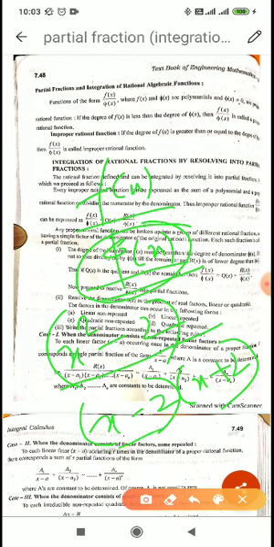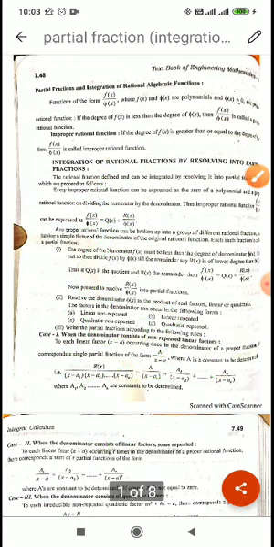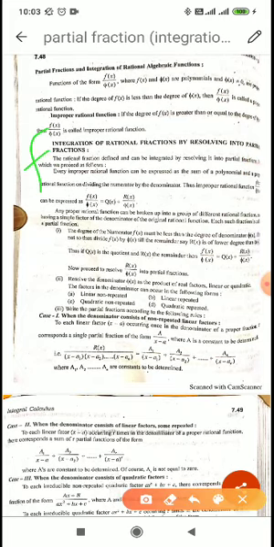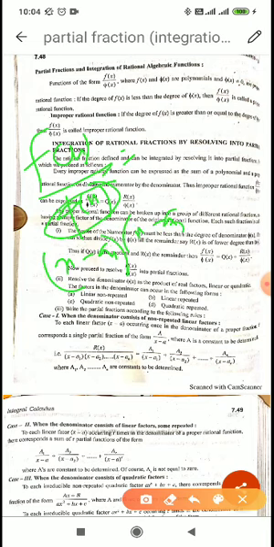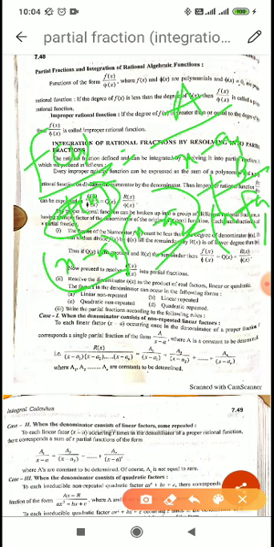So if these two factors are different, then what we can do is, suppose the factors are x minus a1 and x minus a2, then f of x by phi of x is equal to a by x minus a1 plus b by x minus a2.